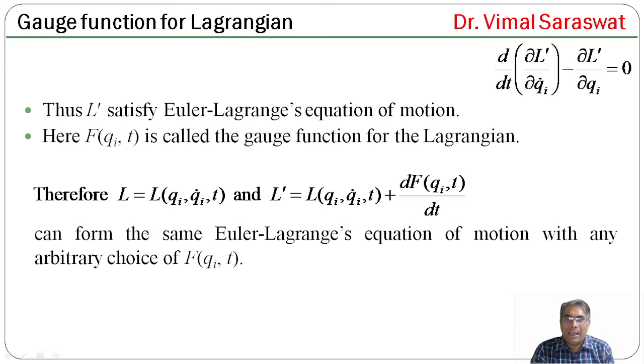Therefore, L, which is a function of position, velocity and time, and L' equal to L plus df/dt, can form the same Euler-Lagrange equation of motion with any arbitrary choice of f. That is, with any arbitrary choice of gauge function for the Lagrangian.